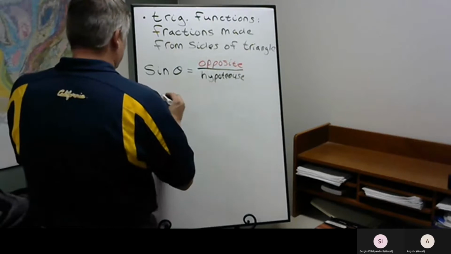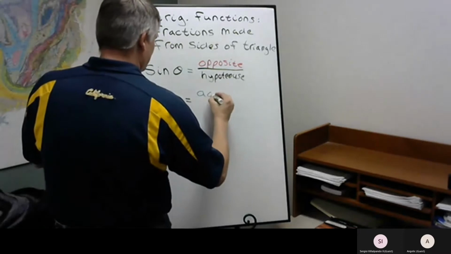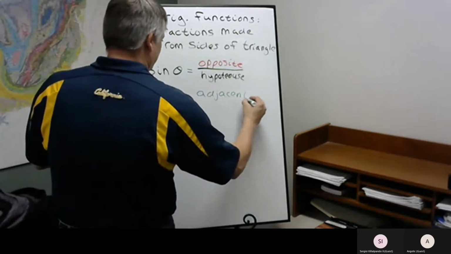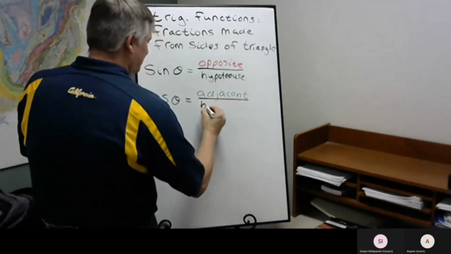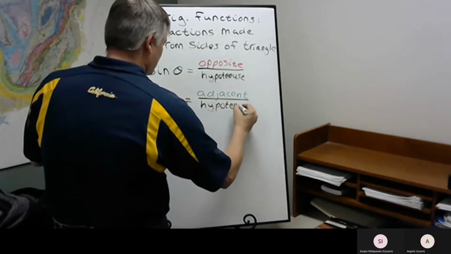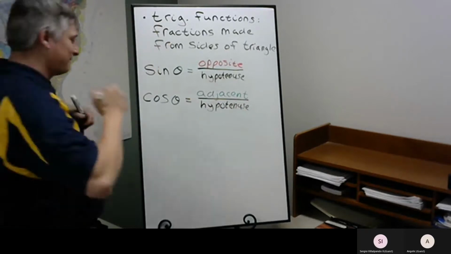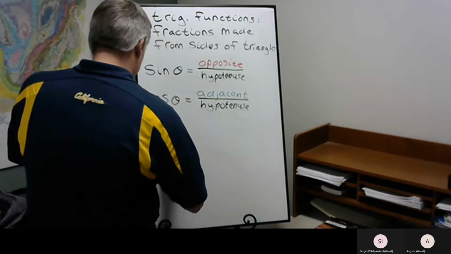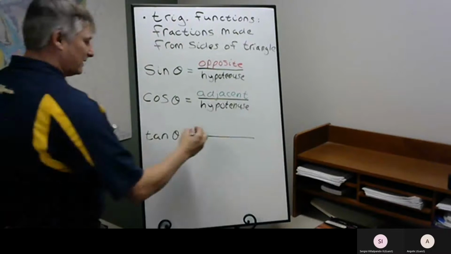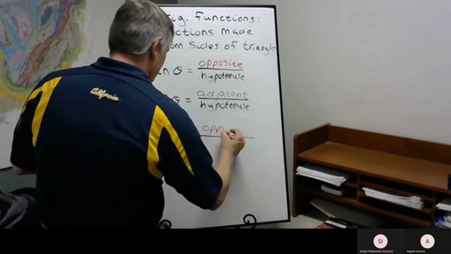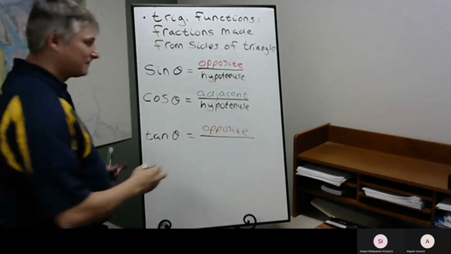The cosine of theta is the adjacent over the hypotenuse. Then there's the tangent of theta, and that's the opposite over the adjacent.